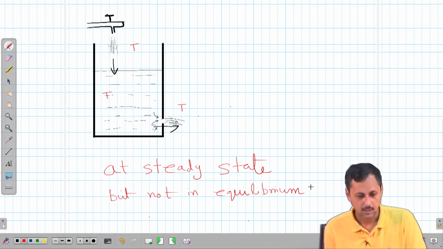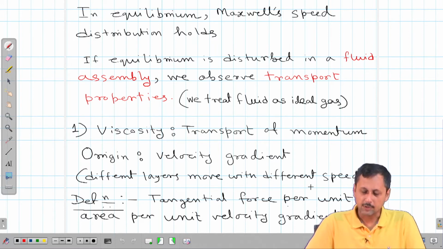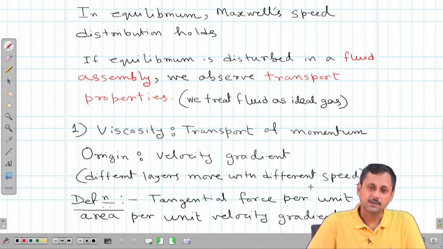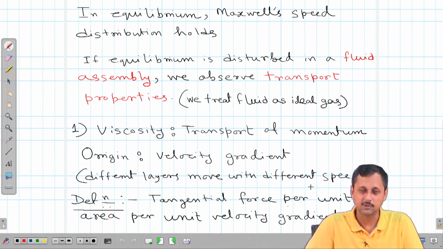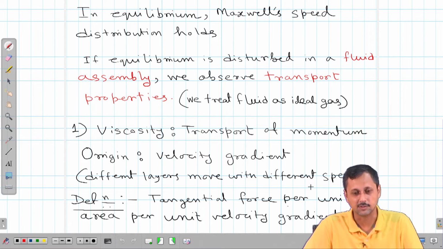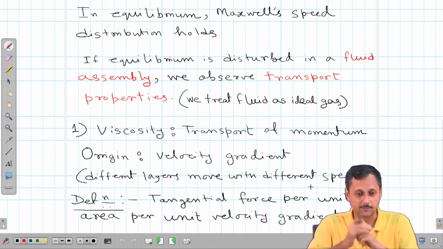Right. Now, let us move on. Whatever we have discussed so far in terms of the Maxwell speed distribution law and the mean free path, well, the mean free path is not exactly an equilibrium phenomenon, but of course we have assumed that overall the velocity distribution is more or less uniform. So these are all equilibrium distributions or equilibrium phenomena.